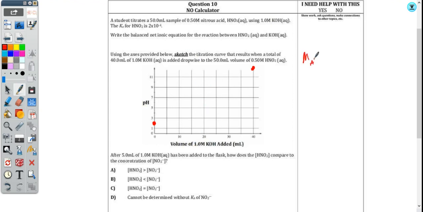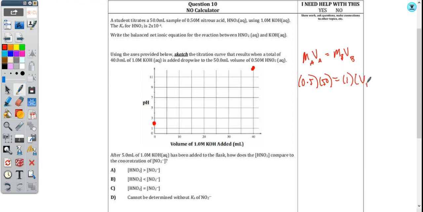And again, I encourage you to use this: molarity of acid times volume of acid equals molarity of base times volume of base. This time, we know the molarity of the acid is 0.5. We know the volume of the acid is 50, right? And the molarity of the base that we're using is 1 molar.